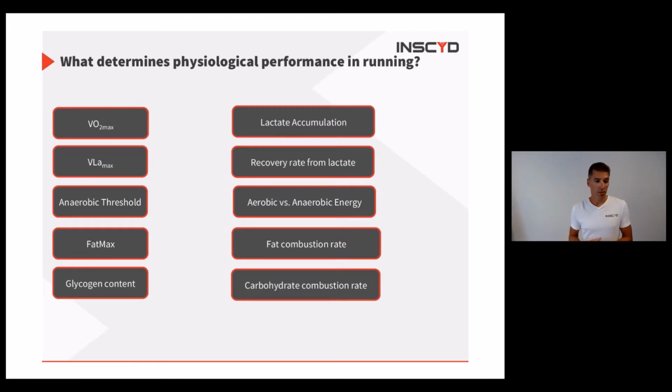The glycolytic pressure, the VLA-max, anaerobic threshold, fat combustion rate, glycogen content, lactate accumulation rate, all these kinds of metrics or parameters that influence performance in sports when it comes to the condition.